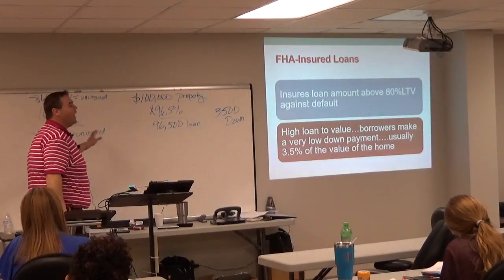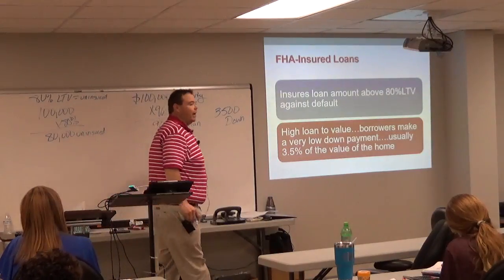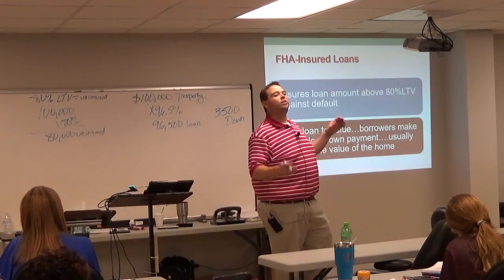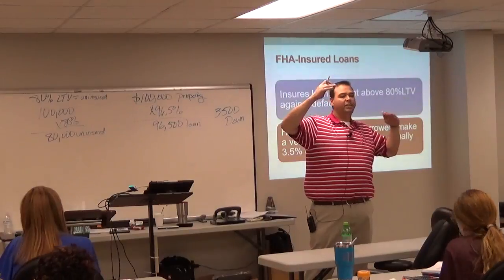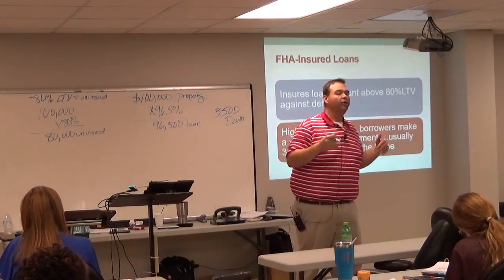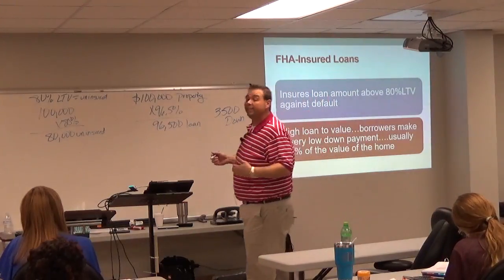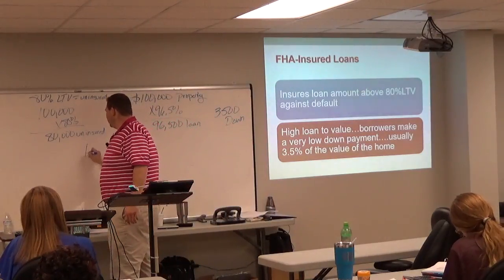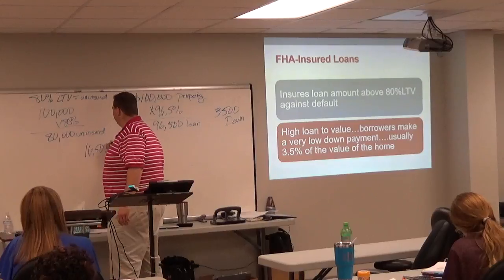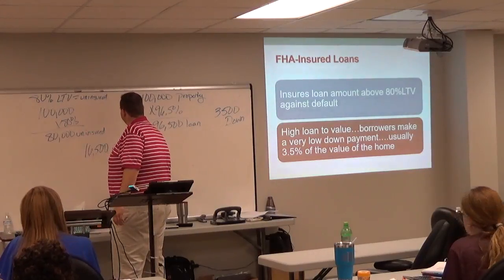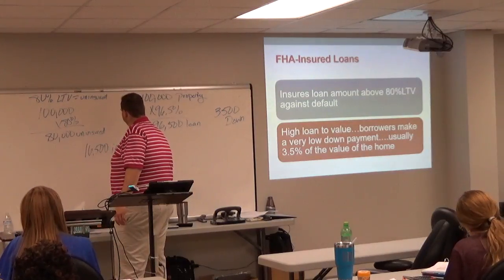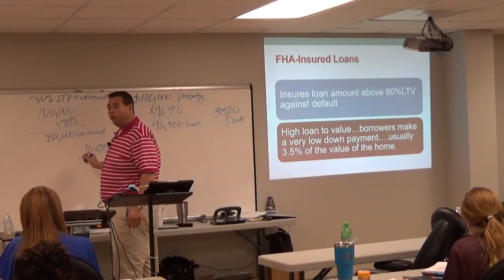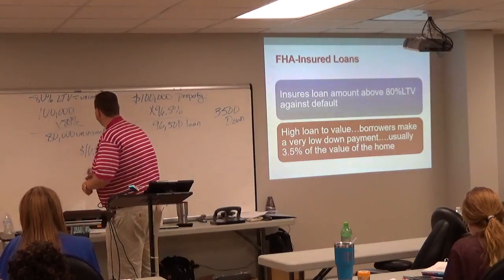How much was loaned out? 96.5. So the difference between those is what the insurance is going to cover. So in this case, what is the insured amount with the FHA insurance? $16,500 is the insured amount. Does everybody follow me so far? Okay, so that's what the insurance is on.